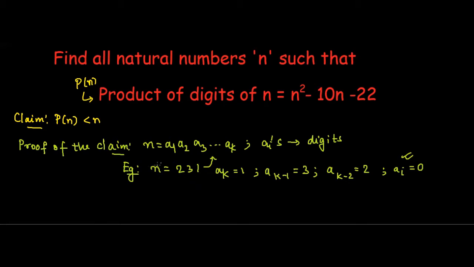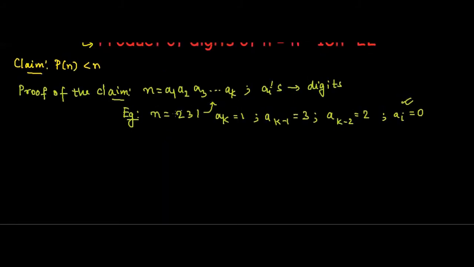Now let's elaborate this example. Note that in this example, we can also write n as 2 into 10 square plus 3 into 10 to the power 1 plus 1 into 10 to the power 0.